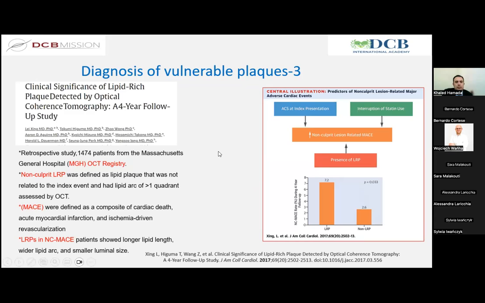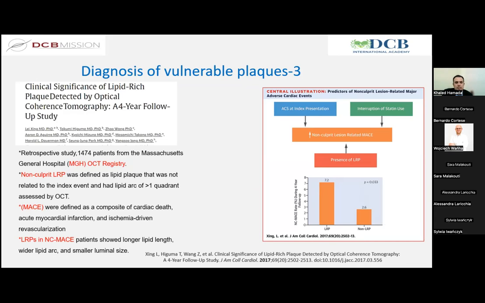The clinical significance of lipid-rich plaque detected by OCT was studied in a 4-year follow-up study, which included 1,474 patients from the Massachusetts General Hospital OCT registry. Non-culprit lipid-rich plaque was defined as lipid plaque that was not related to the index event and had a lipid arc of more than 1 quadrant assessed by OCT.